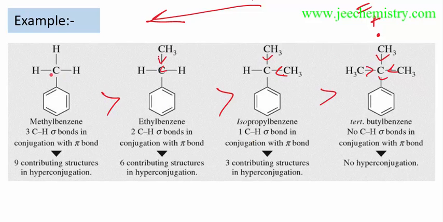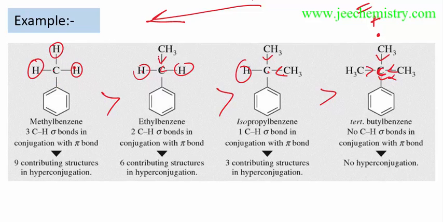This methyl group has 3 hydrogens attached, this carbon has 1 and 2 hydrogens attached, this carbon has 1 hydrogen attached, and this carbon doesn't have any hydrogen directly attached. So at the alpha position, the atom must have at least one hydrogen for hyperconjugation. This has 3 hydrogens for hyperconjugation.